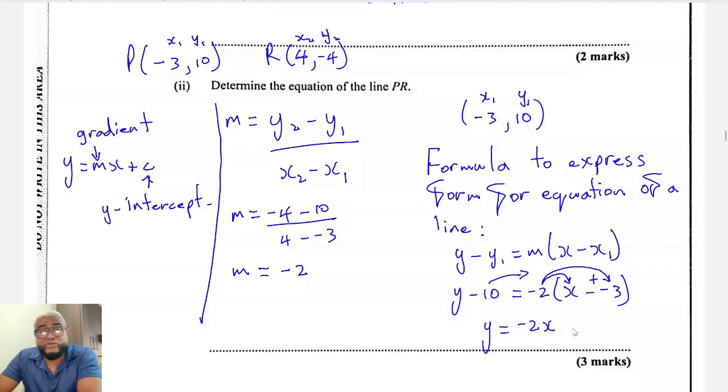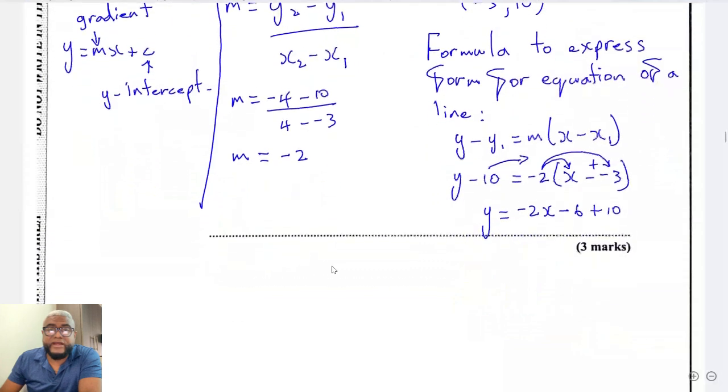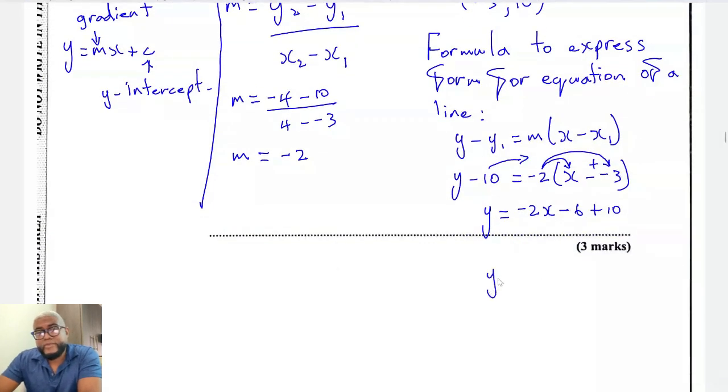Negative 2 by positive 3 would be minus 6, and the negative 10 becomes plus. Simplify further: y is equal to negative 2x plus 4. Somebody second this. Negative 6 plus 10 is 4. Everybody good here?